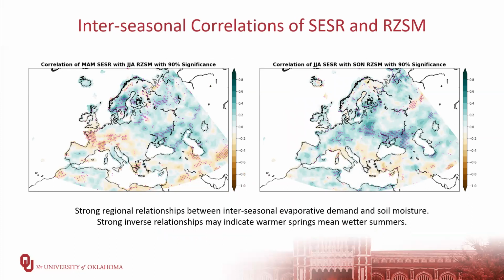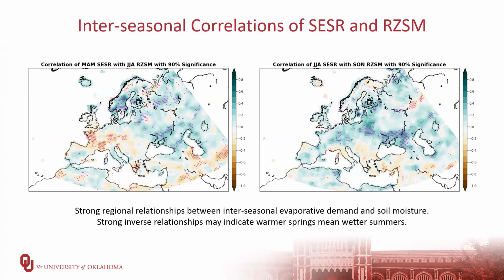So once lag is introduced to our SEDI and root zone correlations, we still see a lot of regional variation, both positive and negative. However, there is more statistical significance when the lag is introduced than when correlating within the same season. This may be due to a lag time between changes in evaporative demand and changes in level of soil moisture.